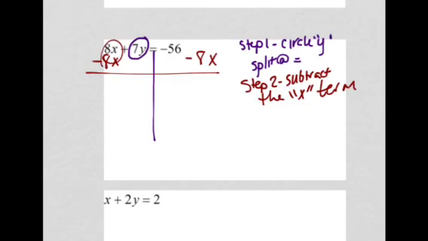This zeros, and I have 7y equals. You'll notice on this side, my 56 and my 8x will never combine. That 56 will not have an x, and the other one always will. So they are just the way you see them.